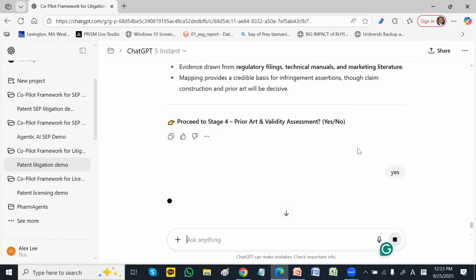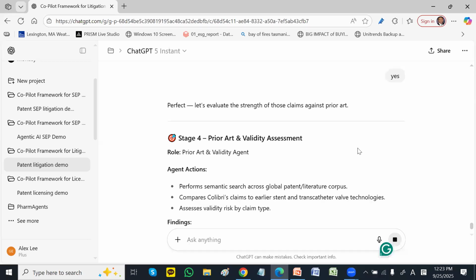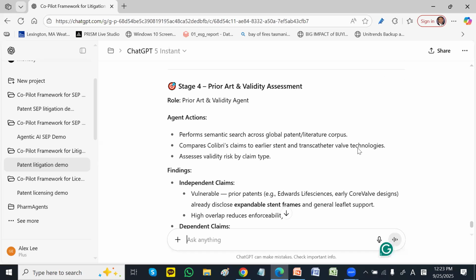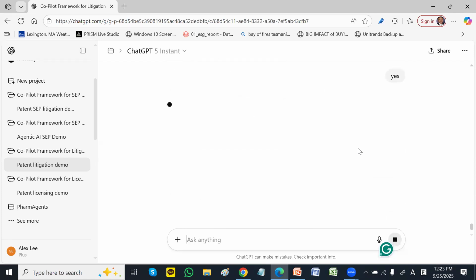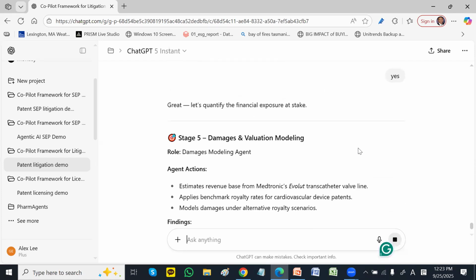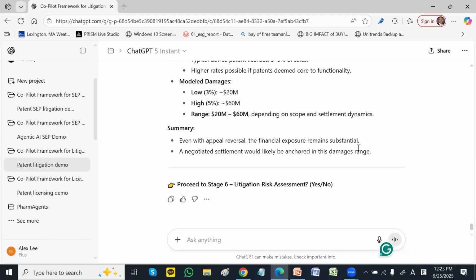And then also looking at whether embedded analysis is possible, right? And then looking at the damages and valuation. And then how about the risk assessment?